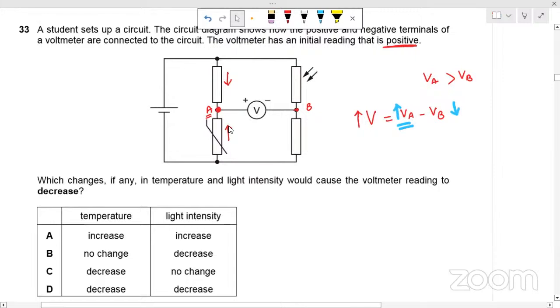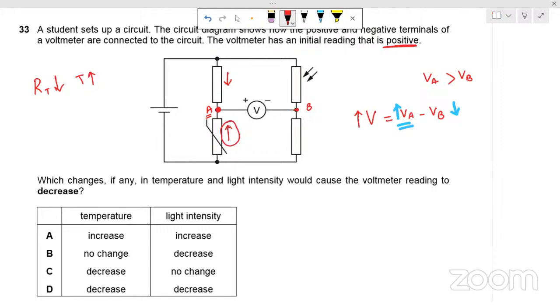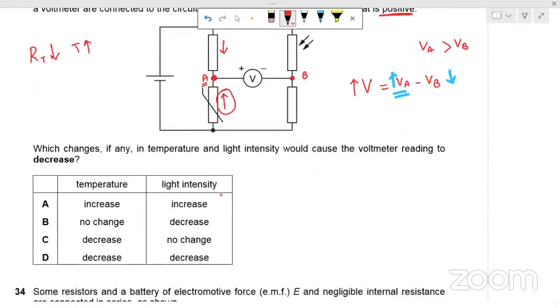But the resistance of the thermistor decreases if temperature is increased. So if we want to increase this resistance, then temperature should decrease. So these 2 are not possible. These 2 options are possible.